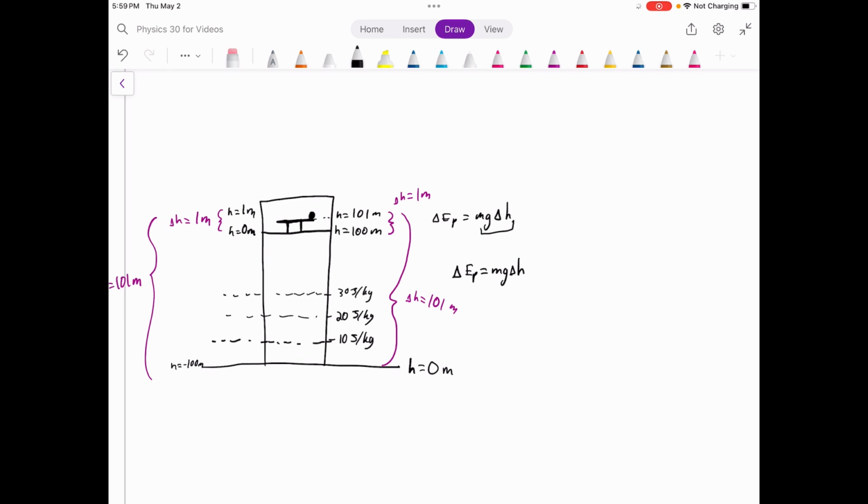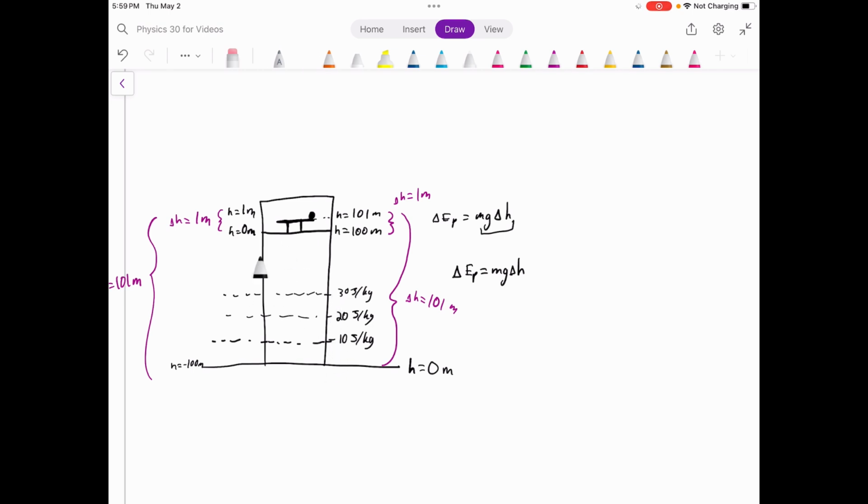Do you see how this is starting to look like a field, right? We're defining every location here with respect to some quantity. That quantity is how much potential energy it would gain by going from what we've arbitrarily called 0 to here, or to here, or to here.